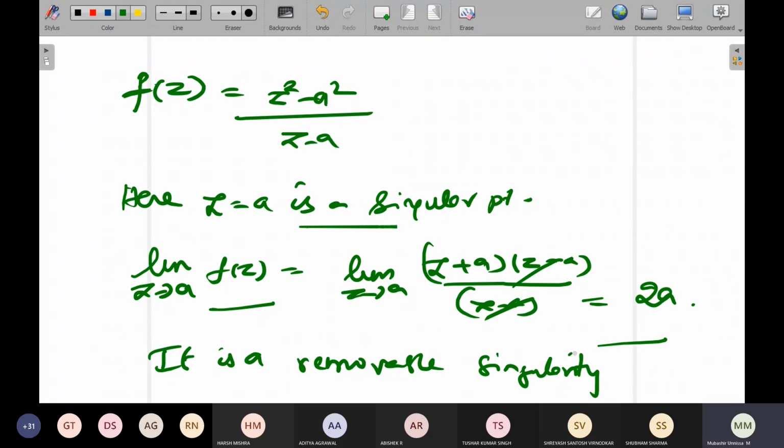So you would have understood how we are seeing the singularities, right? You can even take down one more problem.